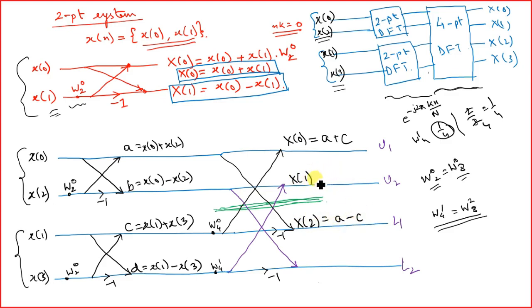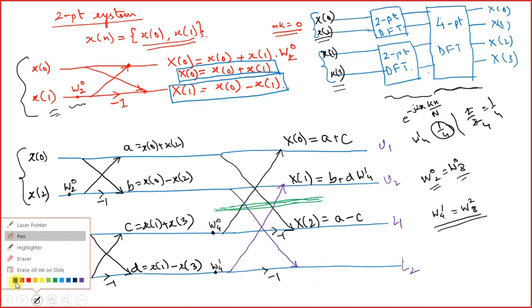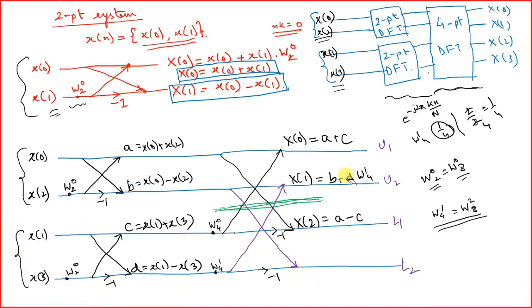And here, in X1, what will we be having? We are having B plus D into W14. D into W14 is minus j, right? Am I right?